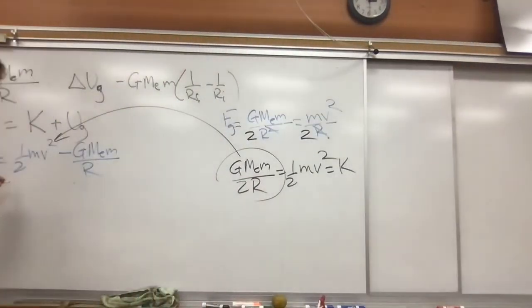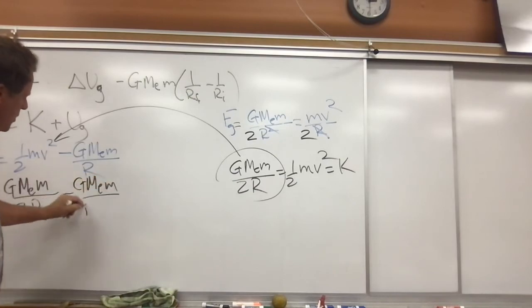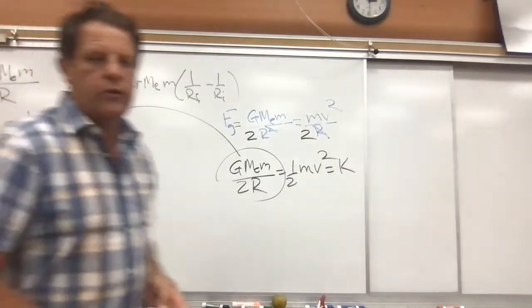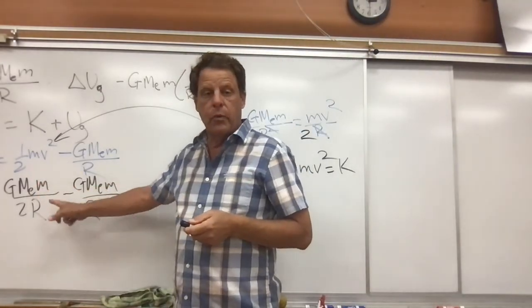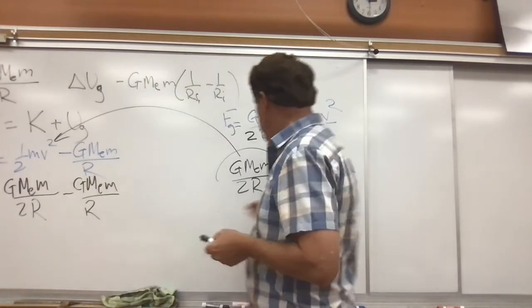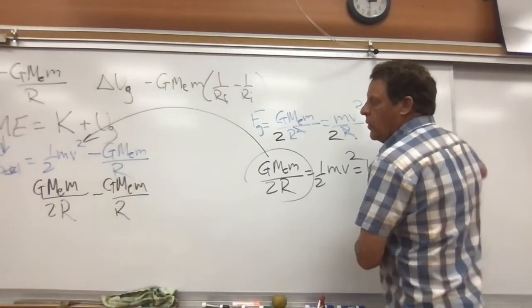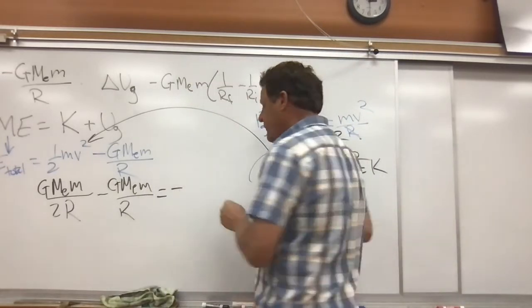We're now going to have big G, mass of the Earth times mass, divided by 2R, minus big G MEM over R. And so essentially what we've got here is positive 1/2 minus 1 whole, and obviously that is equal to negative 1/2.